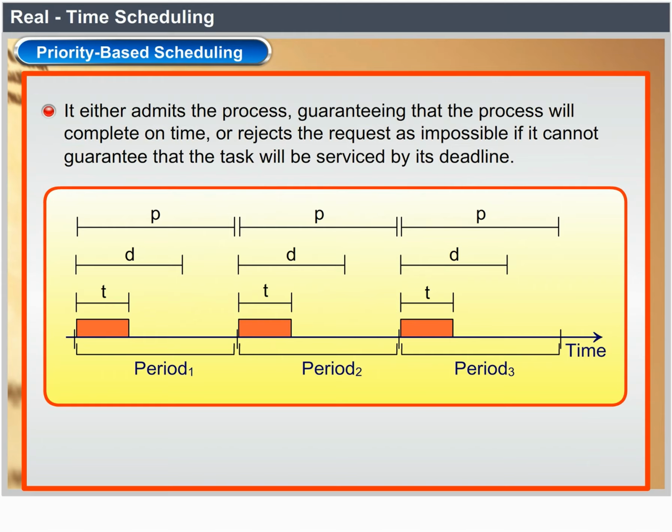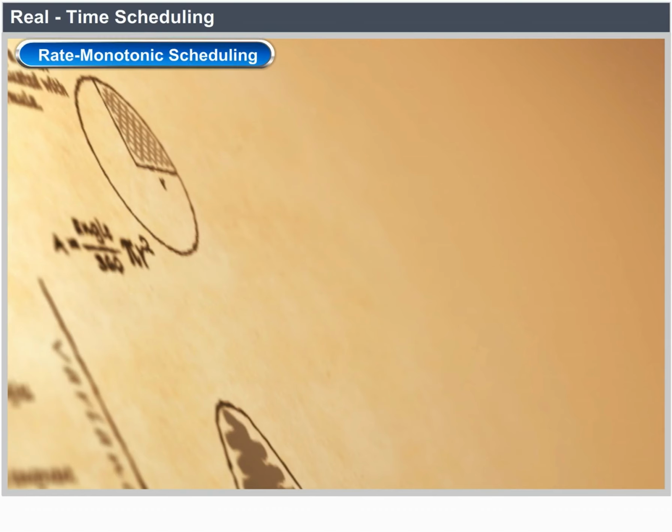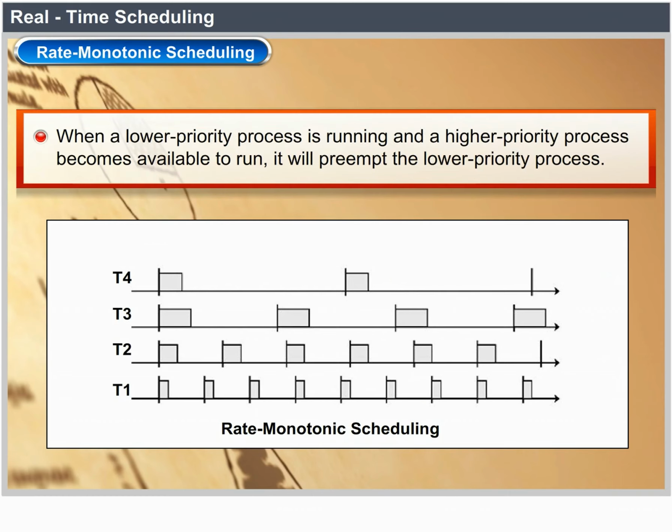Rate monotonic scheduling. The rate monotonic scheduling algorithm schedules periodic tasks using a static priority policy with preemption. If a lower priority process is running and a higher priority process becomes available to run, it will preempt the lower priority process.